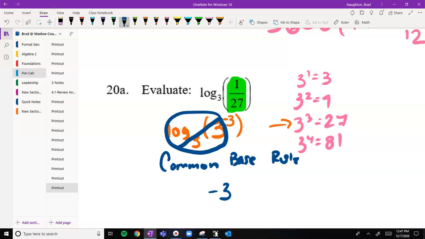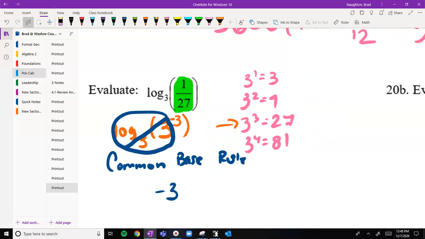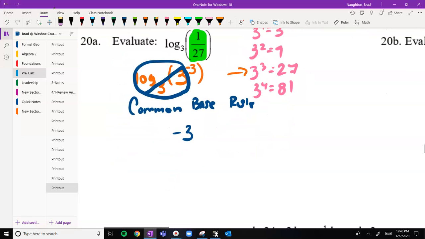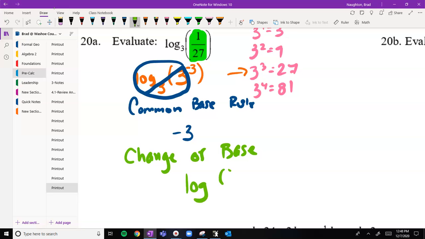Cool. So just to show you on the calculator, you could also do the calculator trick with the change of base rule. So the change of base would be log of 1 over 27 divided by the log of 3. And we're going to get the same answer.